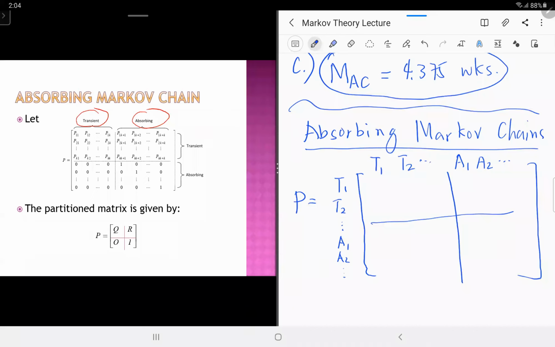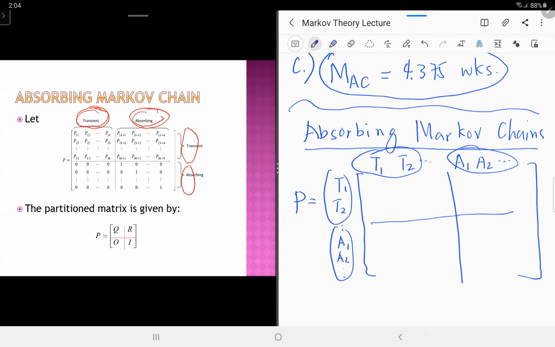So that's why it is labeled here. These are transient states, absorbing states here. So you will see corresponding transient states, absorbing states. And here, again, you'll have transient states and absorbing states corresponding to this one.